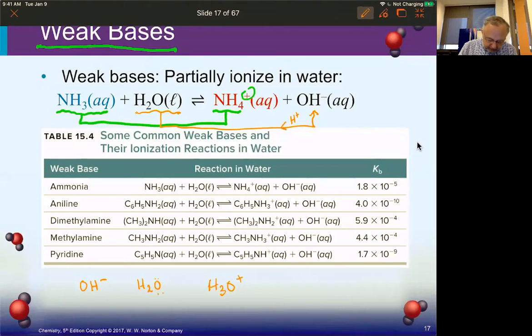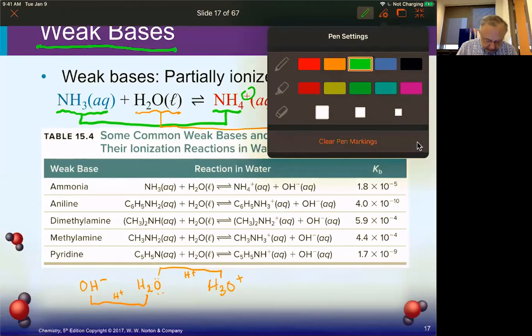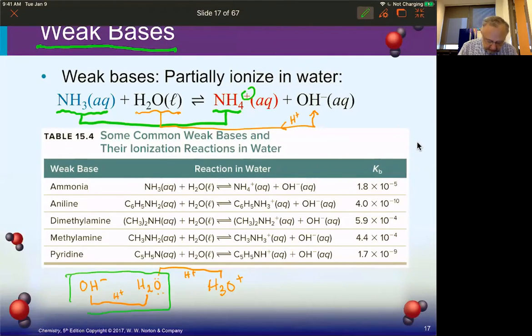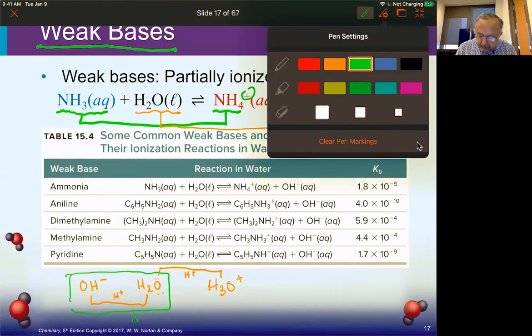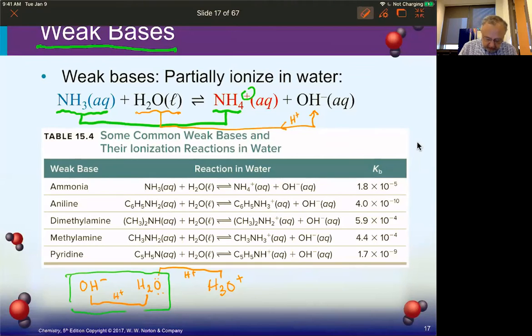So this is an acid-base pair. This is an acid-base pair. They differ by one H plus. Let me put H plus here and H plus here. So in this first case, let me switch colors again, the water is an acid. Excuse me, not an acid, a base. Why? Because it's accepting a proton from, excuse me, no, it's an acid.